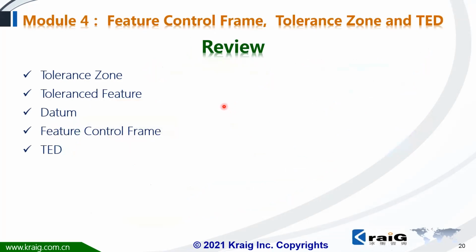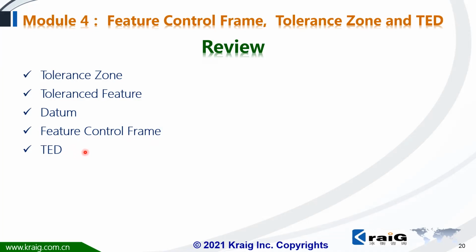All right, let's have a quick review of this module. We learned a couple of important terminologies: tolerance feature, tolerance zone, the feature control frame, and the TD. We are going to use these important concepts or terminologies again and again in the later modules.